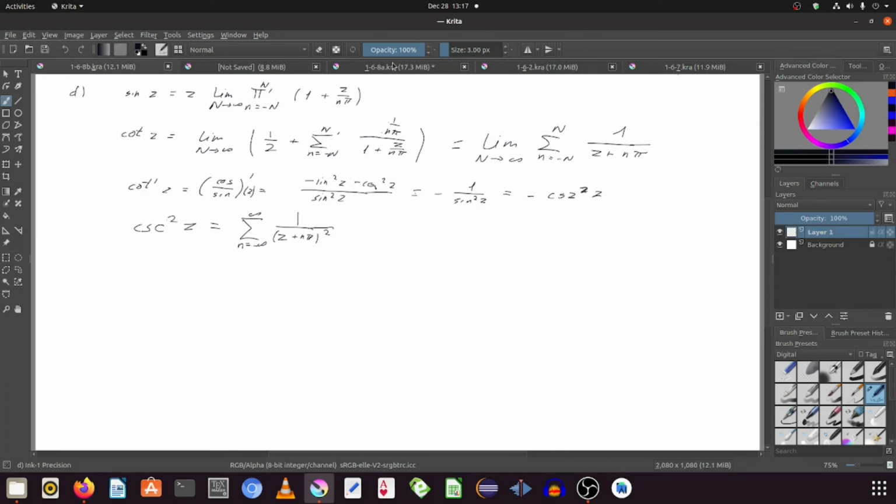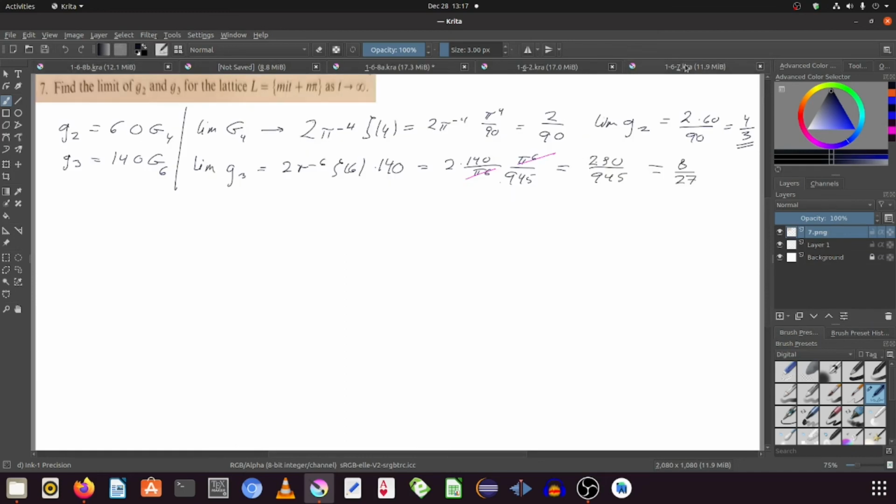So what I thought might be relevant here was the limit of G2 and G3 for exactly the lattice we are investigating, which was in problem 7, so that we were able to see that they satisfied the same differential equation.